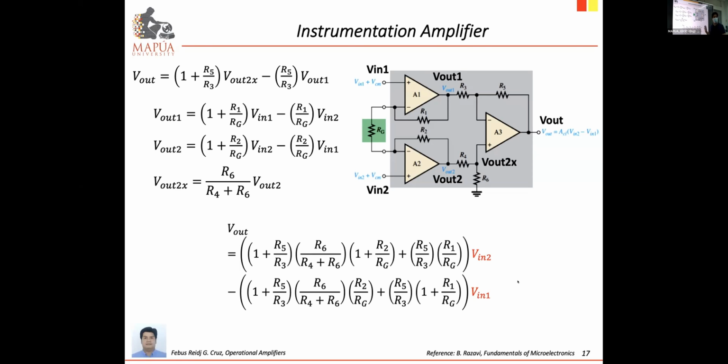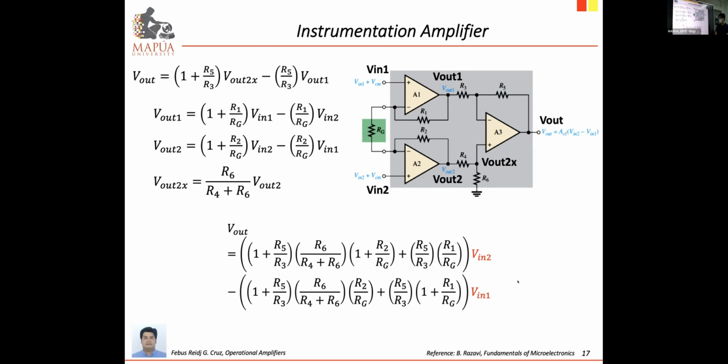So this is the general equation for this kind of instrumentation amplifier. The analysis is simple. It only seems that the equation is long, but the analysis is just sticking to your basic circuit analysis.